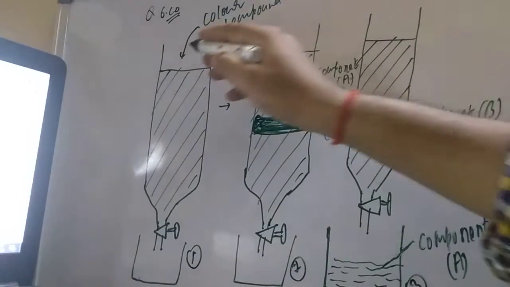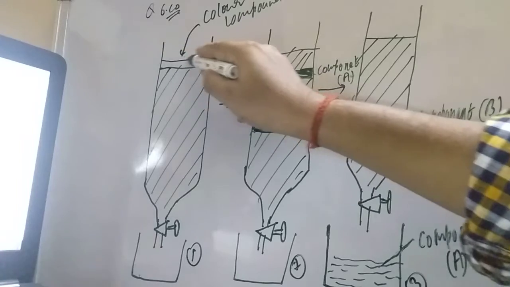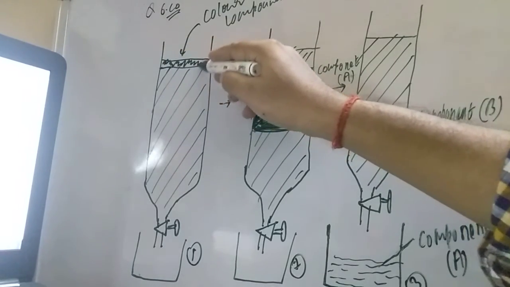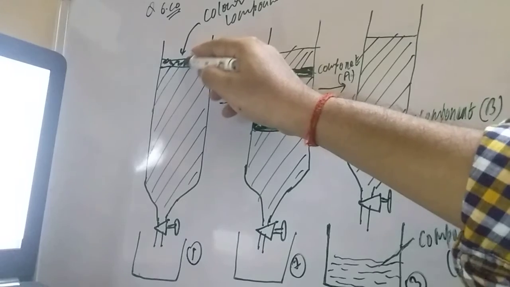In the first case, we are putting one coloring compound in column 1.